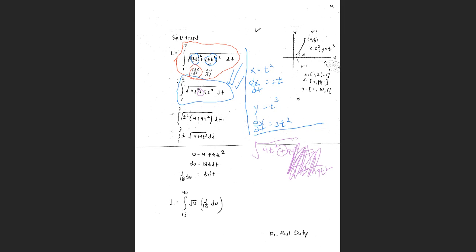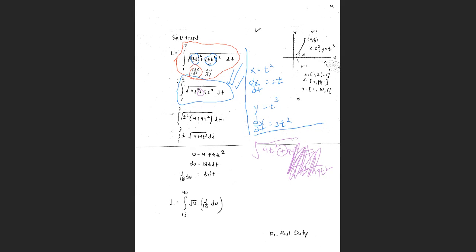All right, now, good question. And we want to find the exact value for this integral. So we don't want an approximation. WebAssign will count an approximation as likely wrong. And you don't want that to happen to you on the exam either. So we need to do something with this integral.